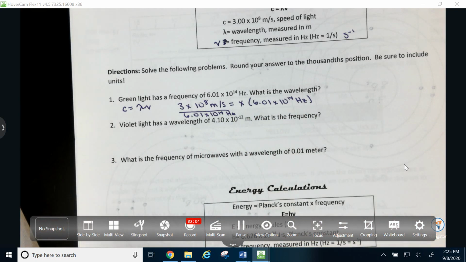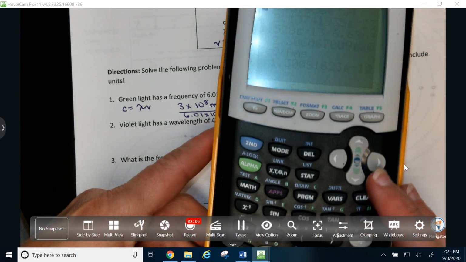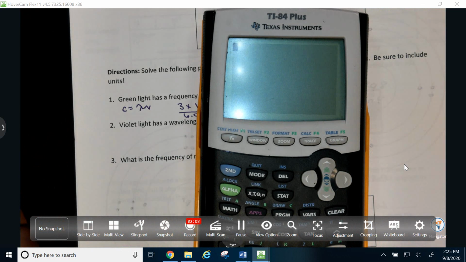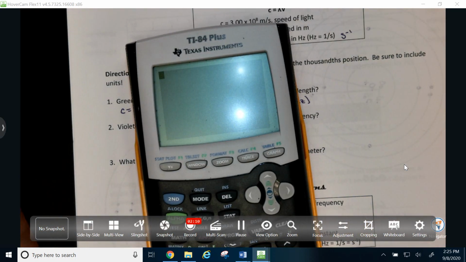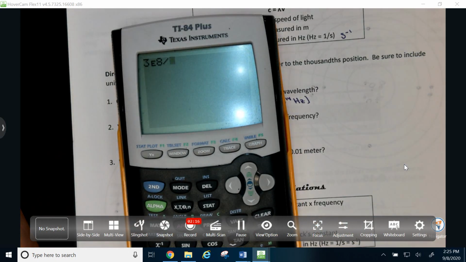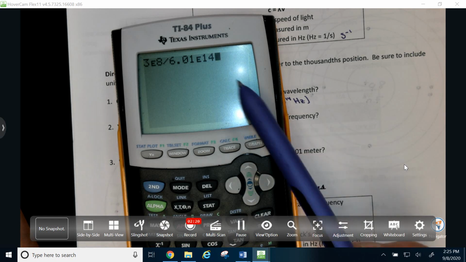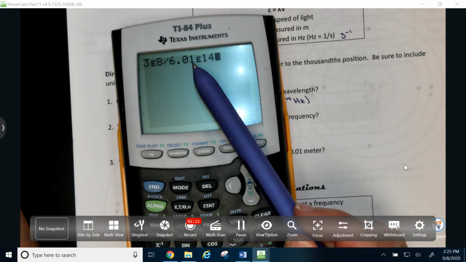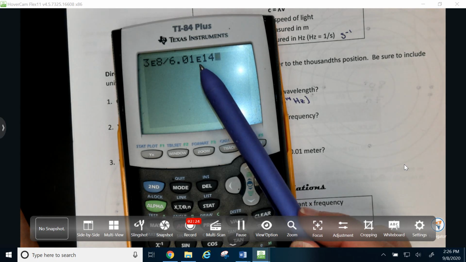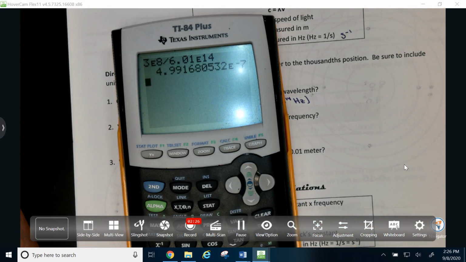So when you plug this into your calculator, don't forget, let me clear this out, you're going to use that EE button. So we'll have 3 second E 8 divided by 6.01 second E 14. Okay, notice there's no times, there's no funny business going on around the E. It's just an E. We'll enter that.